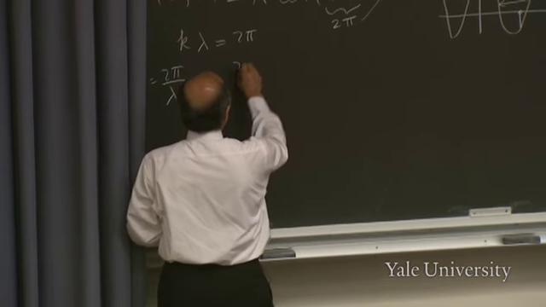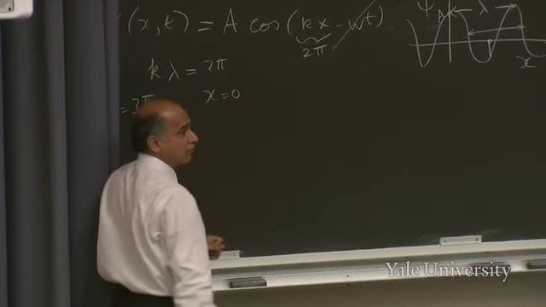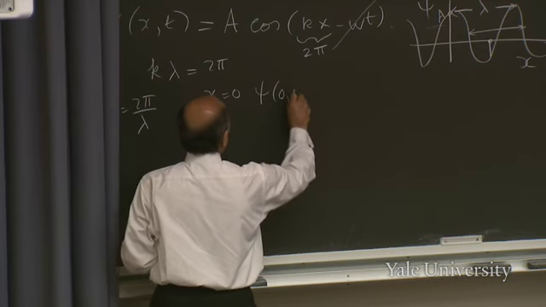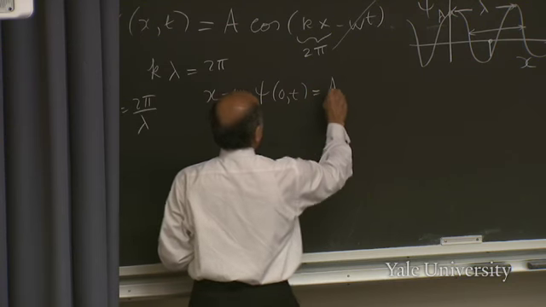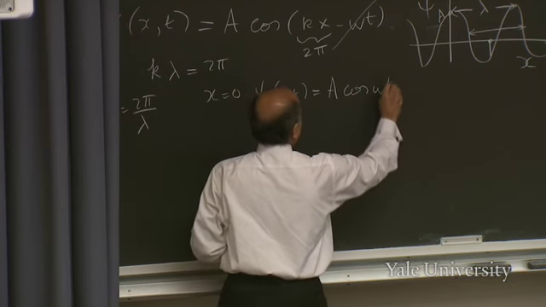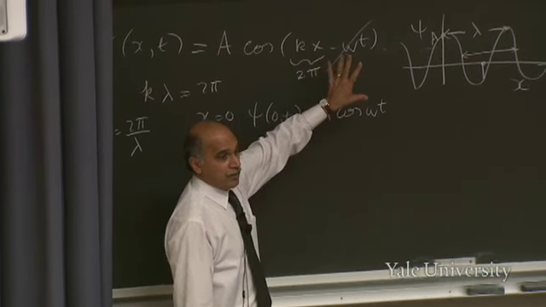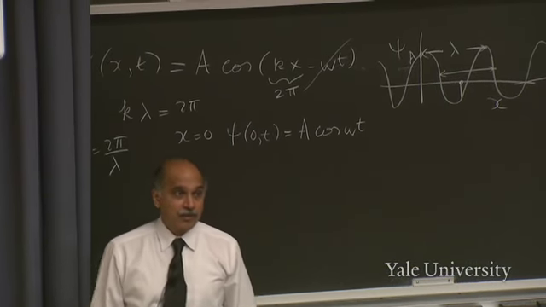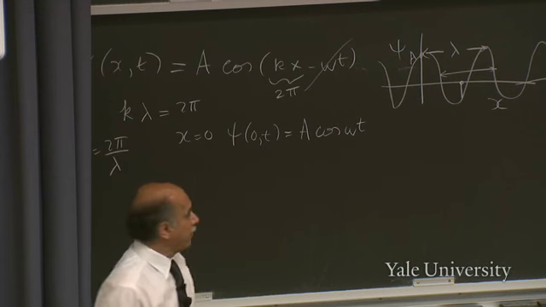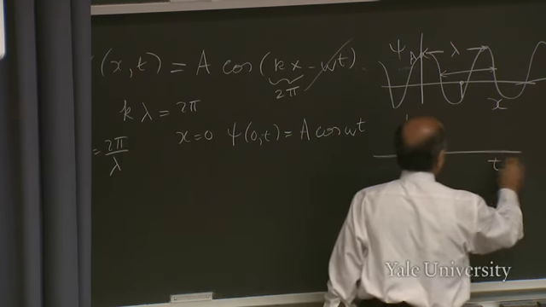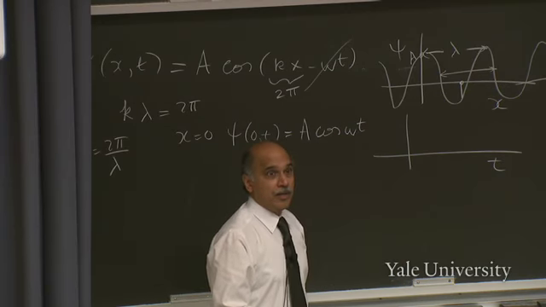So I pick some location. I pick x equal to 0 for convenience. Then psi at x equal to 0 as a function of time looks like a cosine omega t. I didn't miss the minus sign. For a cosine, it doesn't matter if you change the angle to minus the angle. So plot the same graph now, this time as a function of time, and ask what happens.